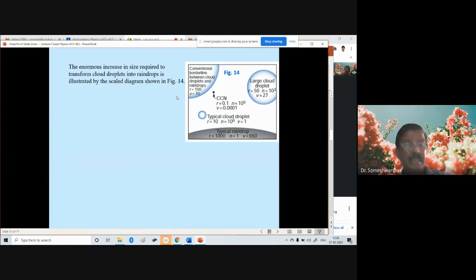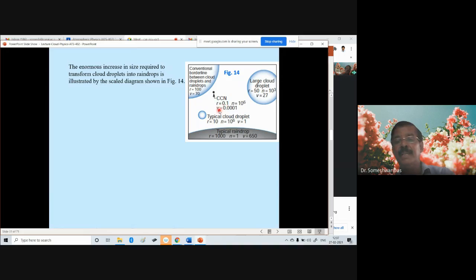Let's say this black dot represents the cloud condensation nuclei, whose radius is about 0.1 micron, and the number concentration of such CCN is about 10 power 6 per cubic centimeter.